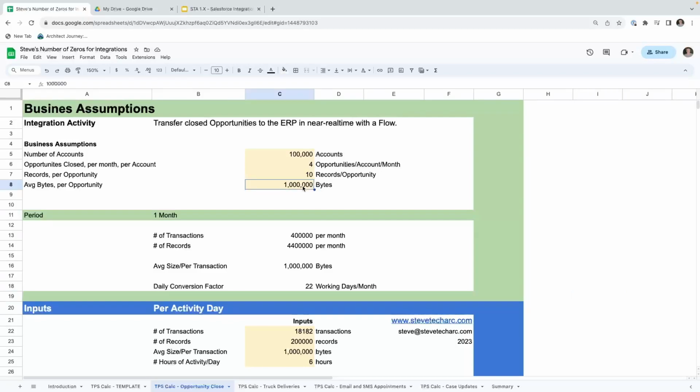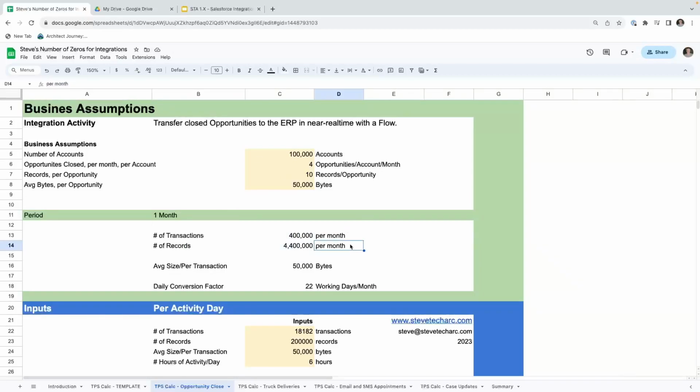Let's say they say it's smaller, it's 50K. So there's 50K bytes. And then in 1 month, by doing the math, we're going to end up with 400,000. Let's put some commas here. And we're going to go calculate the number. We don't need the decimals. 400,000 transactions in a month.